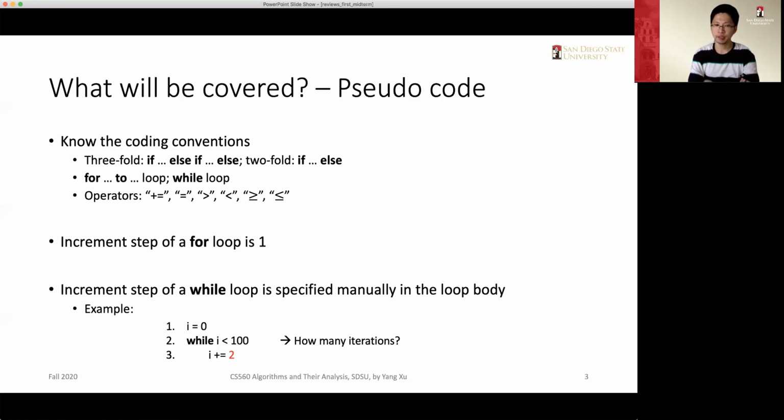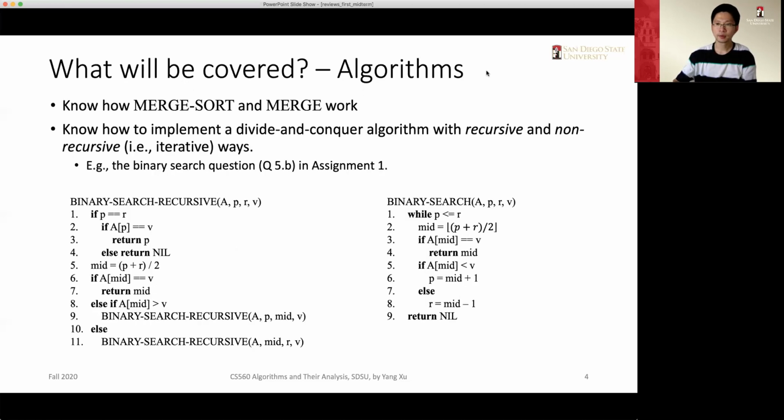When it reaches 100, it no longer satisfies the while condition, so the iteration for i equals 100 is not executed, because 100 already violates the while loop condition.